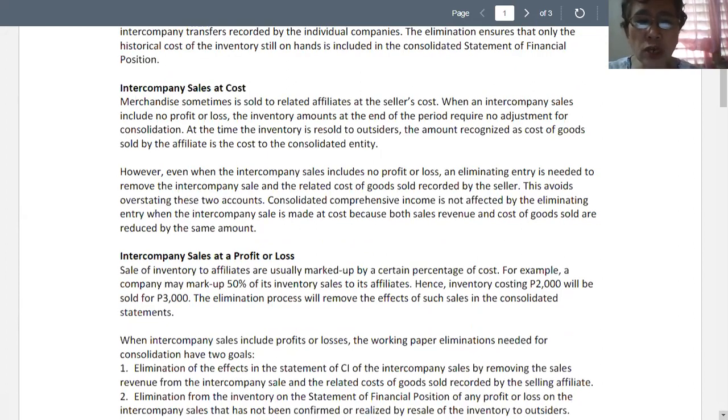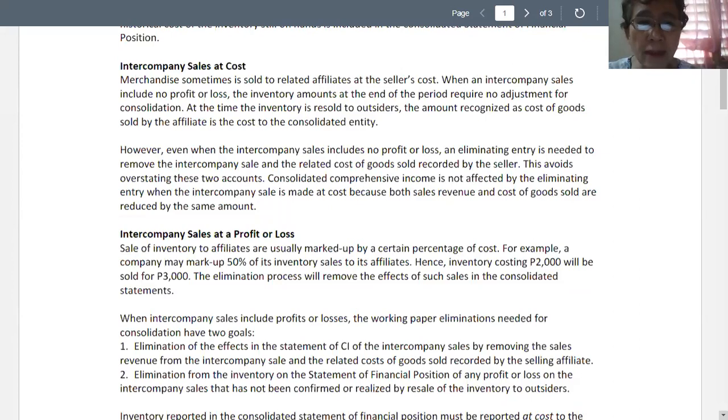Number two, elimination from the inventory on the statement of financial position of any profit or loss on the intercompany sales that has not been confirmed or realized by resale of the inventory to outsiders.